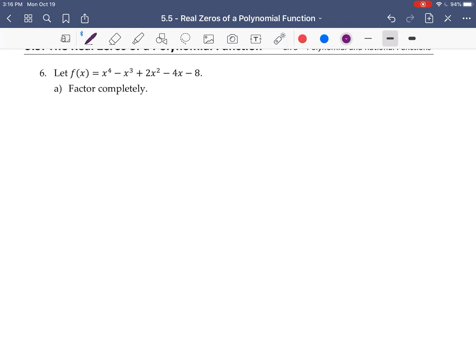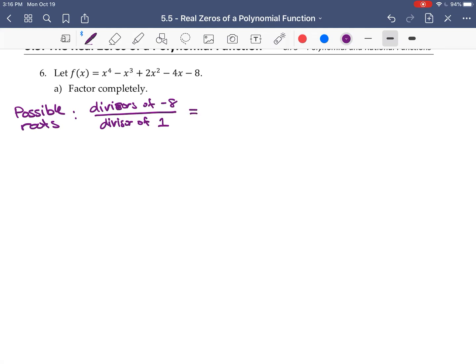We start with possible roots. These are divisors of the constant term, -8, over divisors of the leading coefficient, which is 1.